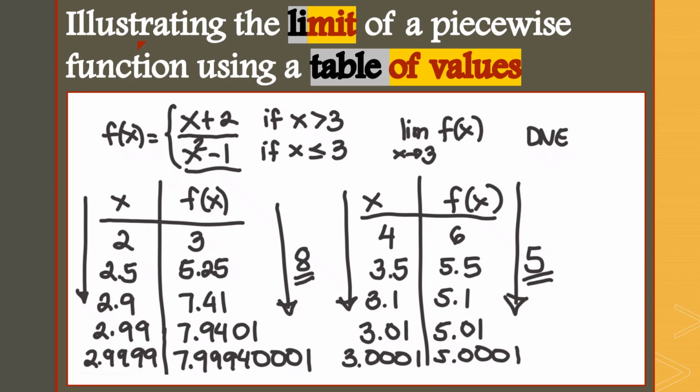This is how we illustrate the limit of a piecewise function using a table of values. But of course, there might be some piecewise functions that will satisfy a certain limit. Just for this case, our example, the limit does not exist.